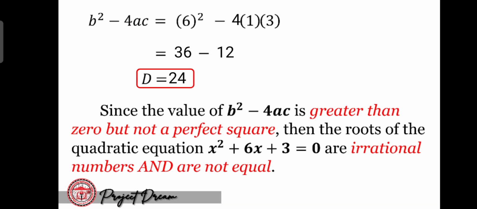Let us check. So, again, let us use the quadratic formula. We have x is equal to negative b, either positive or negative square root of b squared minus 4ac, all over 2a.